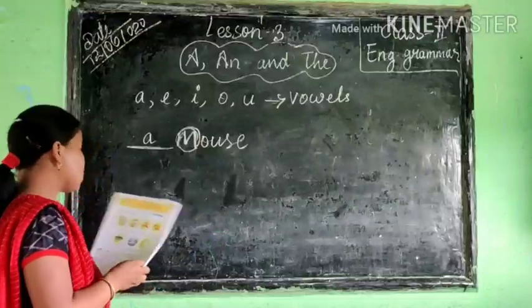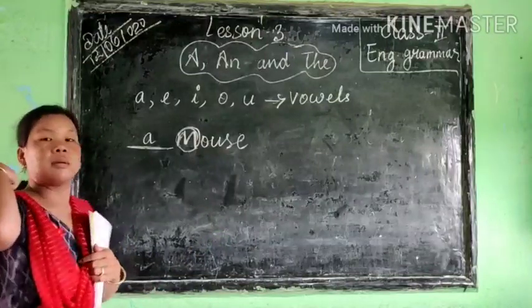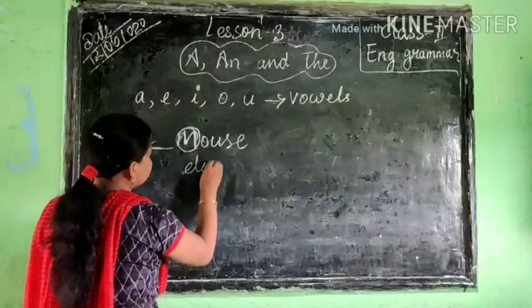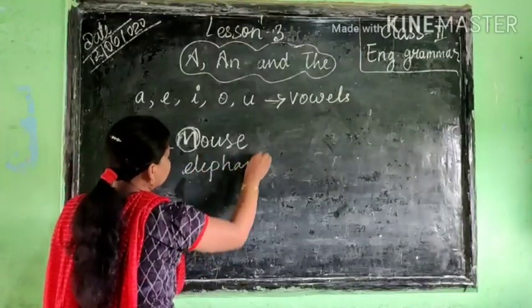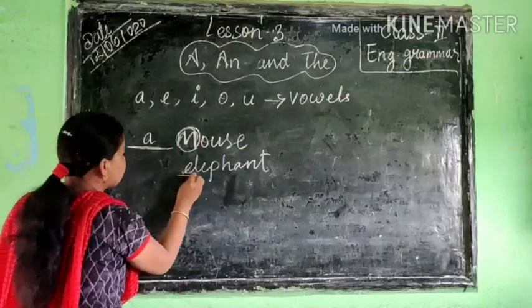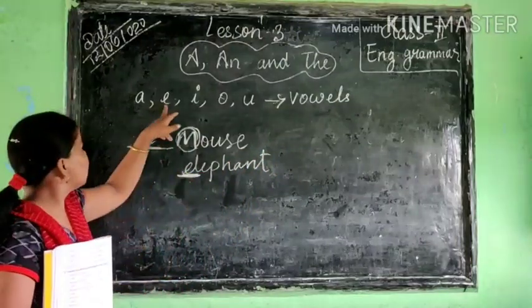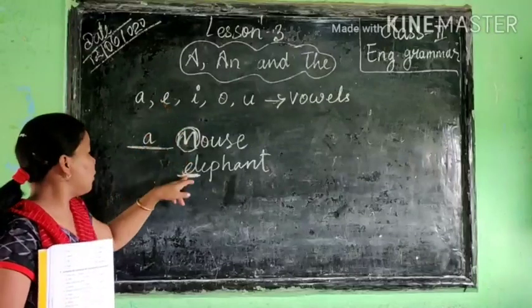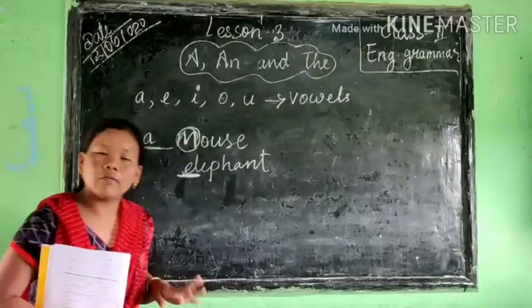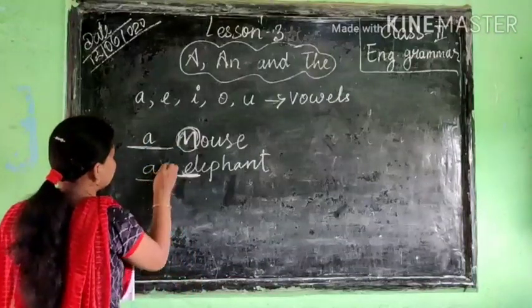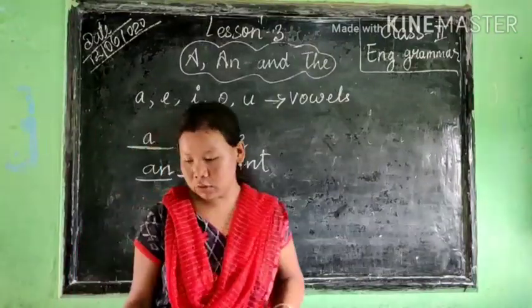So if it is a vowel, okay, example, elephant. So here in elephant, this E is a vowel, right? Here also we find it is a vowel. So if it is a vowel, what do we have to use here? Yes, we have to use an here. Understood?